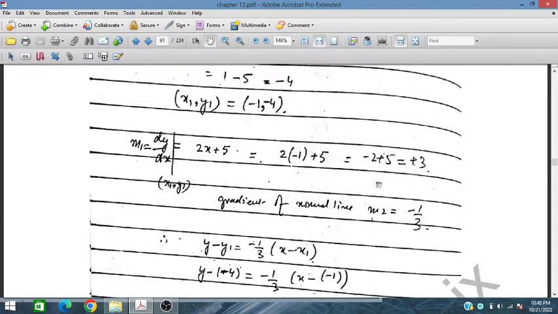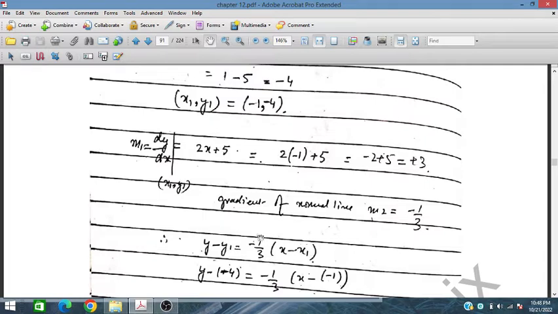This is the gradient of the tangent, so the gradient of the normal would be the negative reciprocal. The product of the two gradients is equal to minus 1. That's why the gradient of the normal line is minus 1 upon 3.